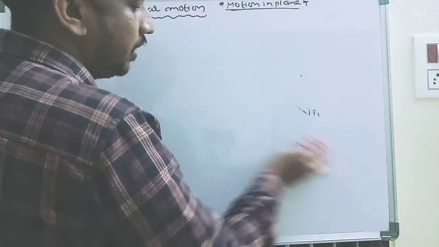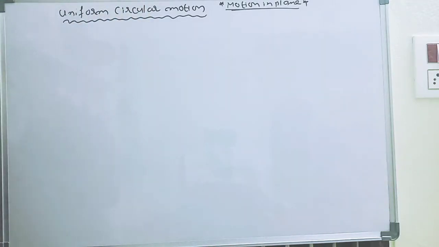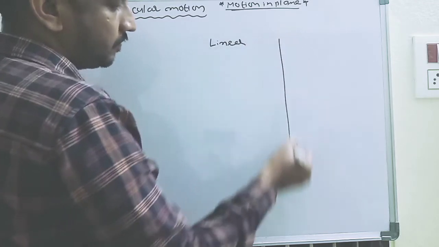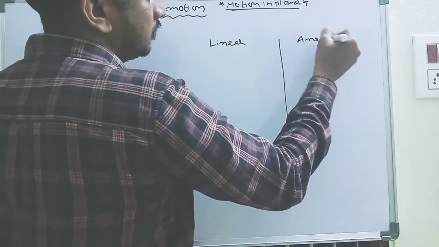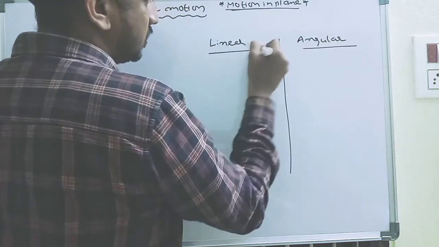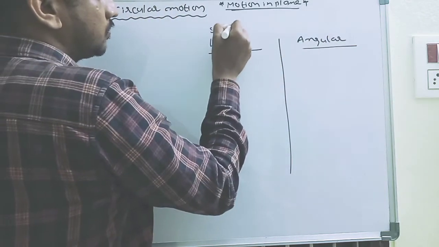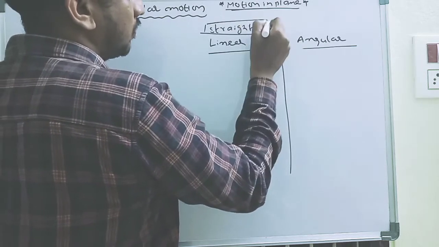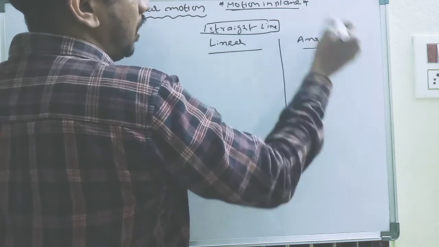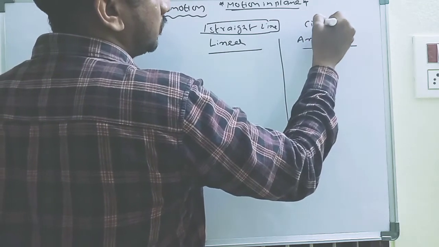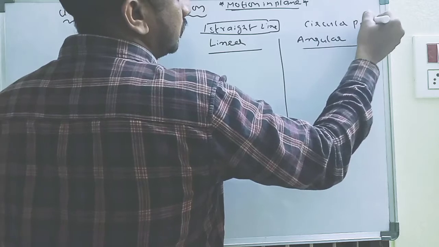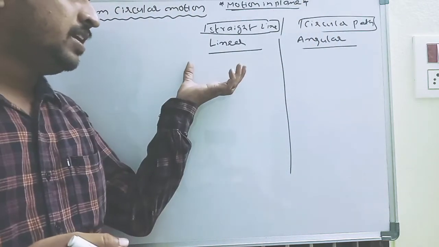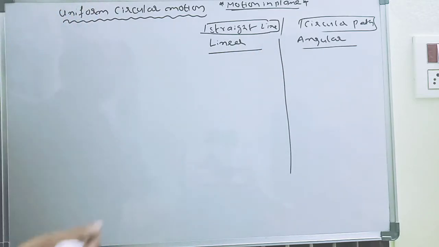I am writing here: linear means straight line, and angular means circular path. So I am going to discuss the difference between linear and angular.